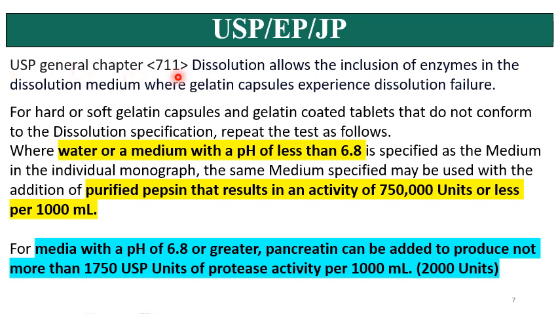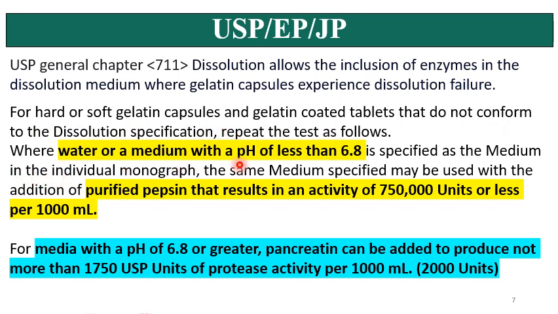The USP General Chapter 711 on dissolution allows the inclusion of enzymes in the dissolution medium where gelatin capsules experience dissolution failure. For hard or soft gelatin capsules and gelatin coated tablets that do not conform to the dissolution specification, repeat the test as follows.